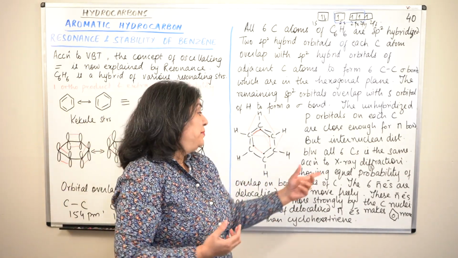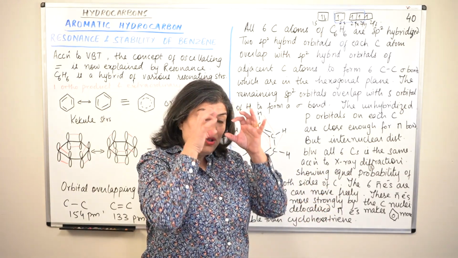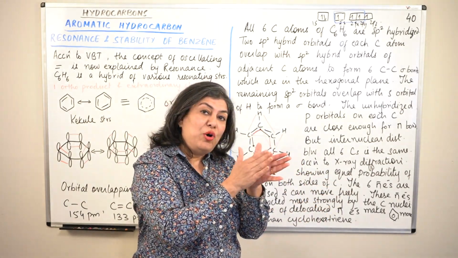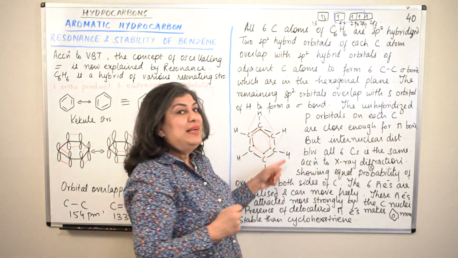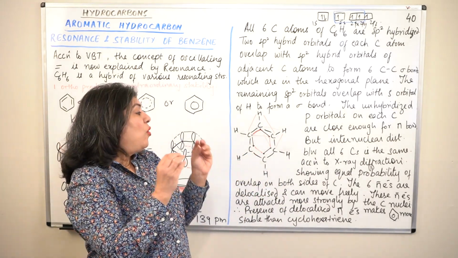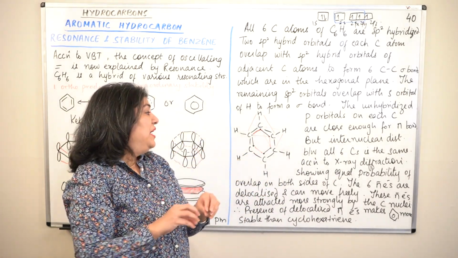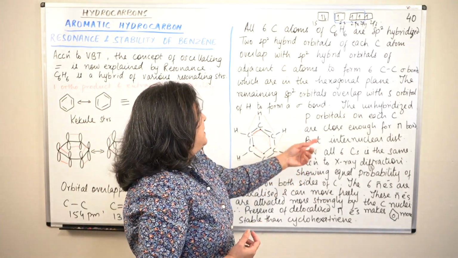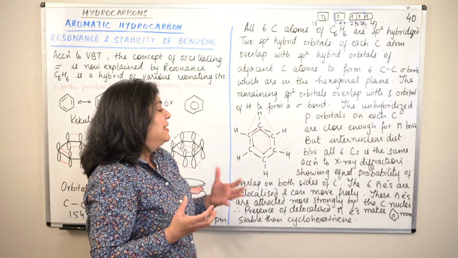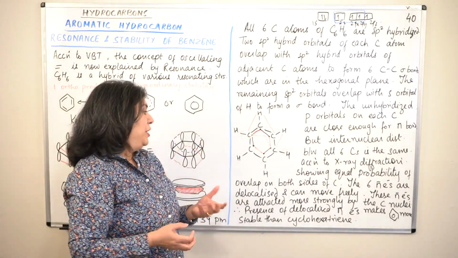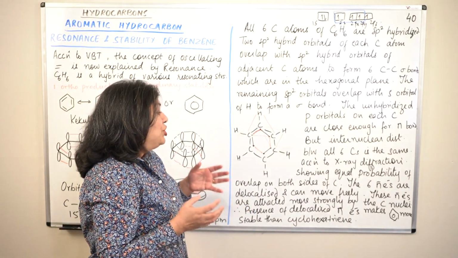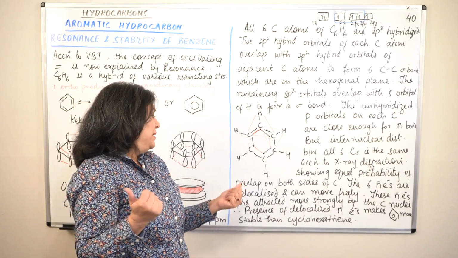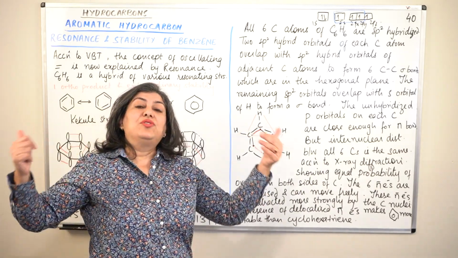We have verified it by X-ray diffraction studies. Through X-ray diffraction, we know that the bond lengths are equal, and therefore all the dumbbells are equally distant from the neighbors. The internuclear distance between all the 6 carbon atoms is the same according to X-ray diffraction, which shows an equal probability of overlap on both sides of the carbon.